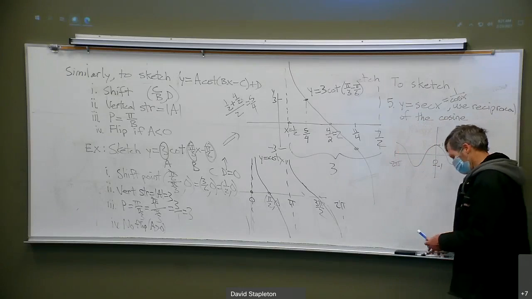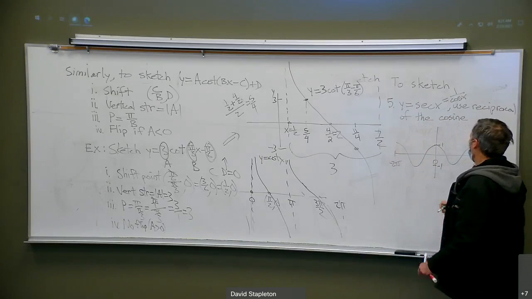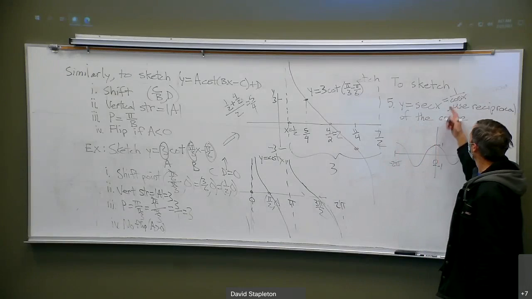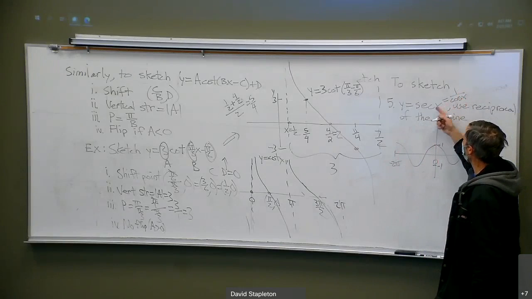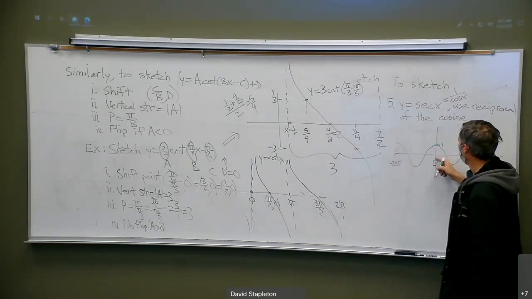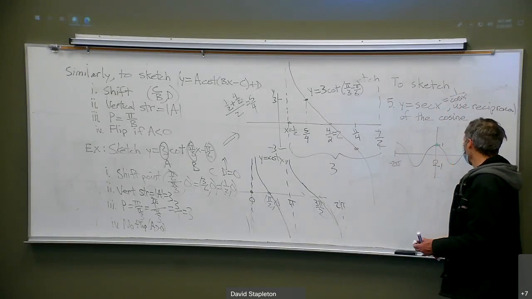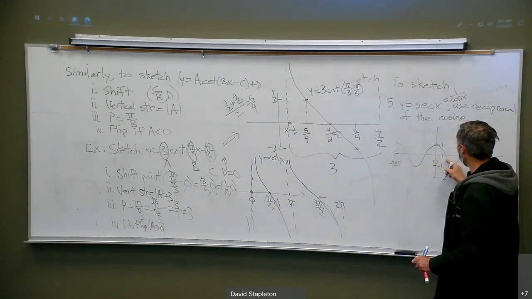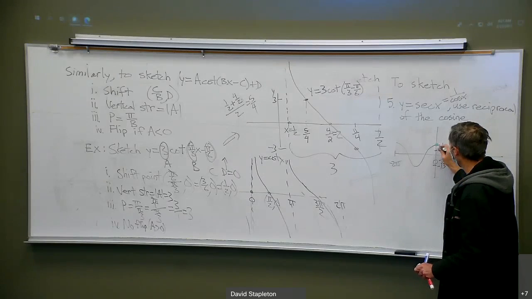This is kind of easy here, I hope you'll see. When the cosine is equal to 1, what is the secant? The secant is then 1 over 1, which is also 1. So we have this point here, right? Now let's see at this point over here maybe, at pi over 3. It crosses at pi over 2, but at pi over 3, remember the cosine is equal to a half.